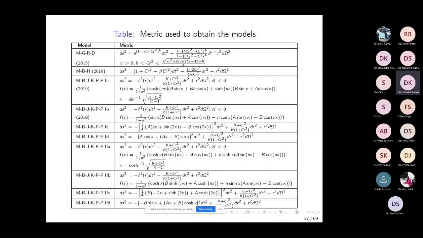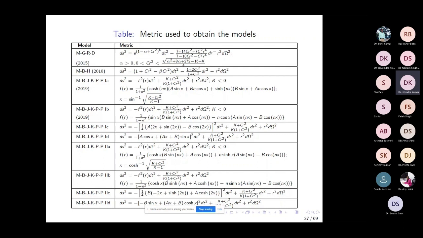In the third one, this model was established in 2019, and in this model we have considered e raised to the power minus lambda equal to k into (1 plus c r squared) divided by (k plus c r squared).